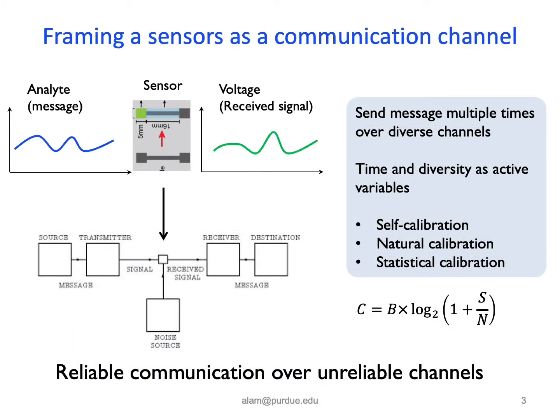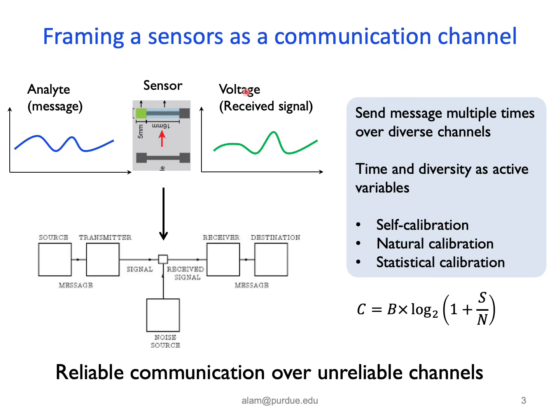The way we proposed to solve this problem is a fundamental rethinking about the sensor. Instead of thinking about sensors just as an electronic device, we may think about a sensor as a noisy communication channel. Here, the message that we want to send is the analyte concentration, and the message received is the voltage signal psi.